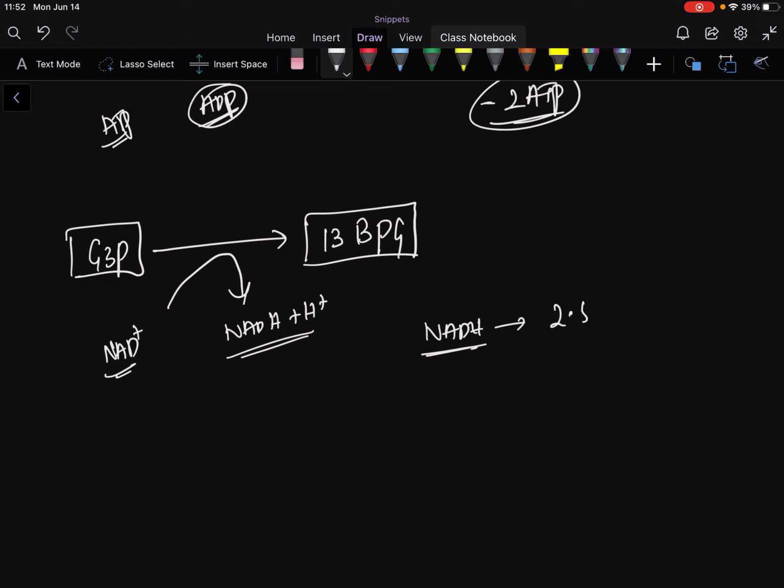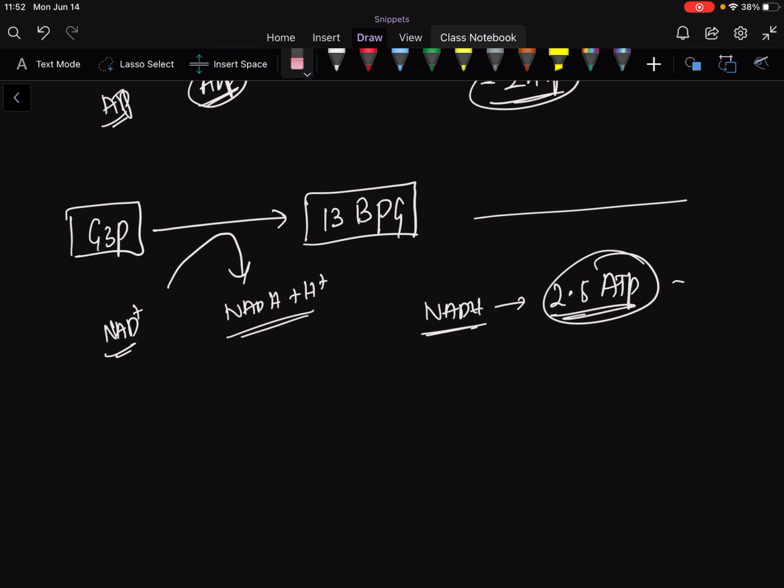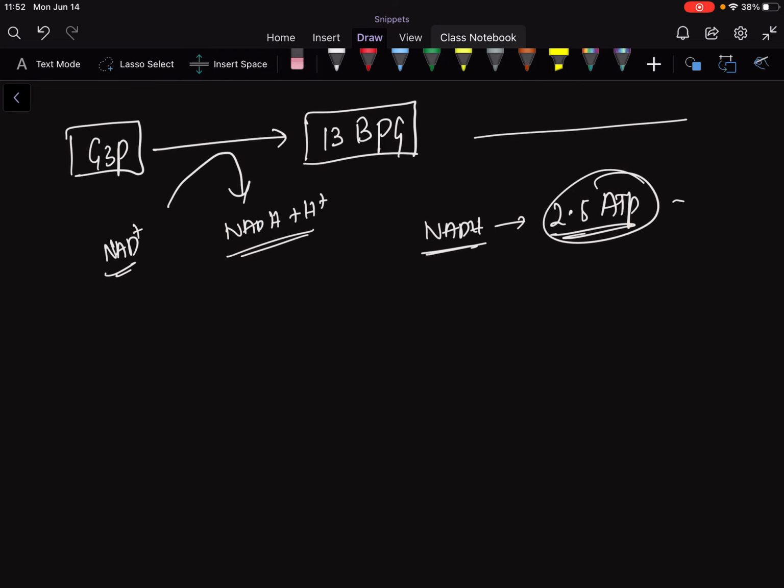It gives nearly 2.5 ATP, right? So we are gaining nearly 2 ATP. Okay, I will add this finally, but you just listen to this one. The second thing was substrate level phosphorylation. I will just explain what is meant by substrate level phosphorylation.